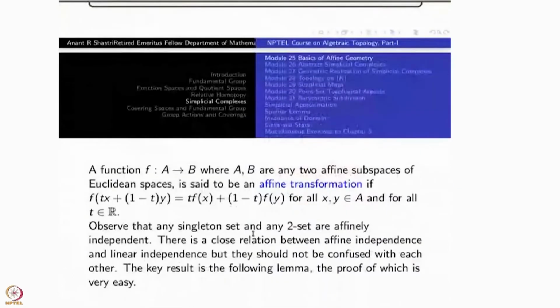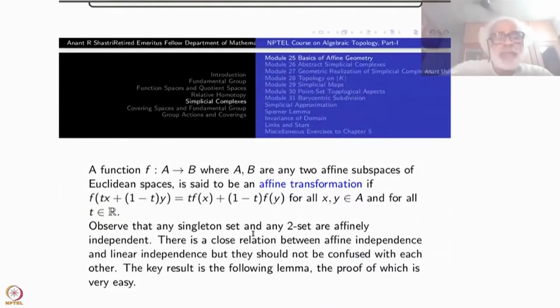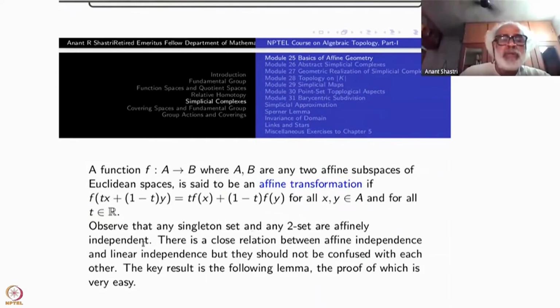A function f from A to B between affine subspaces is said to be an affine transformation if it satisfies the following affine linearity, namely f(tx + (1 minus t)y) is t times f(x) plus (1 minus t) times f(y).